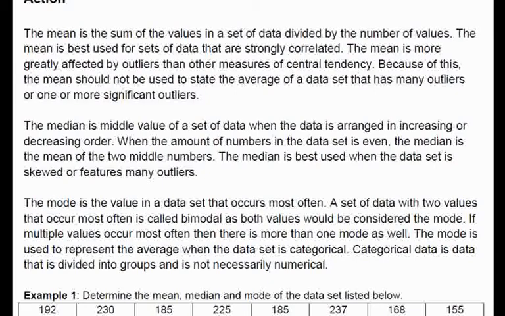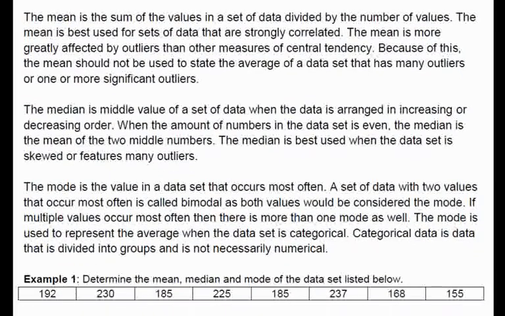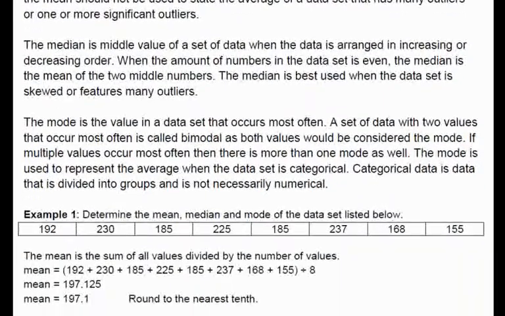The mean is negatively affected by the outliers. They actually can drastically change the mean. So if we have data without a lot of outliers, then the mean ends up being a very good average for that data set.